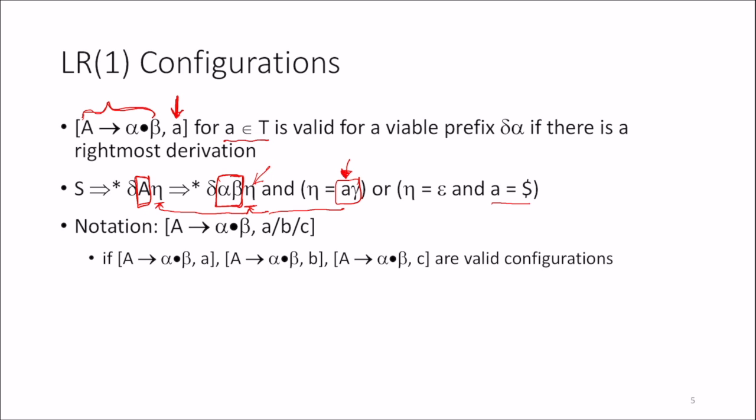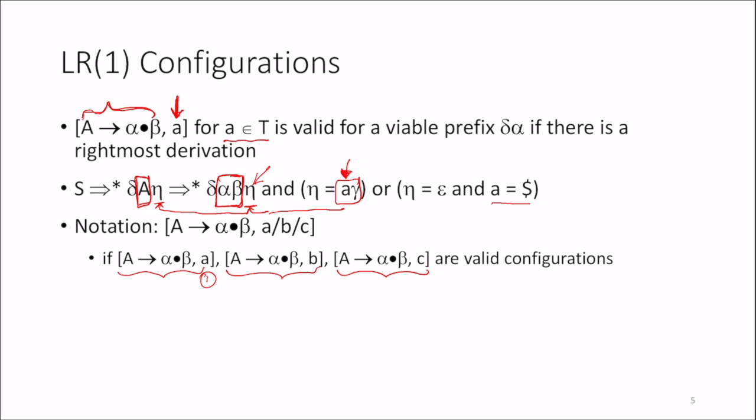The notation that we're going to use in the upcoming examples is purely to save space. If I have three different dotted rules, and the dotted rule part of it is the same, it's just that the lookahead is different.